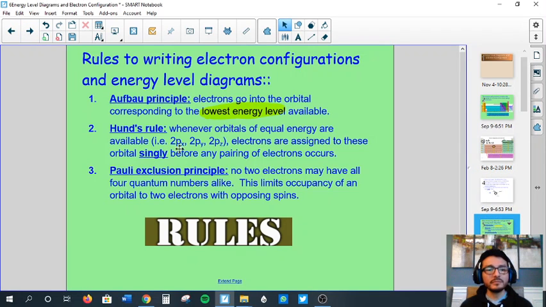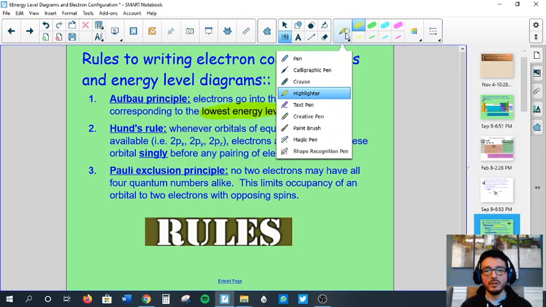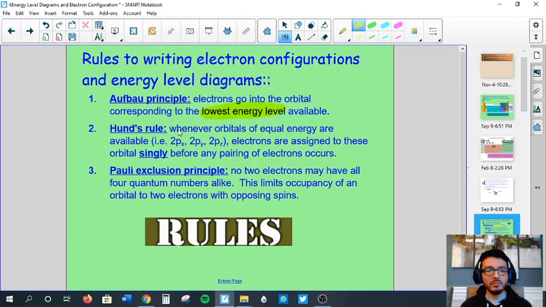Hund's rule says that you have to place electrons singly. So go back to highlighter. All right, so place electrons singly before you begin to pair them up. I'd like to use the car parking lot analogy. If you're driving, you're going to park your car.